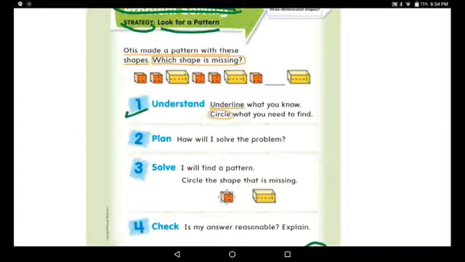Let's see. What did we know? We knew that the character is called Otis. Otis made a pattern. Pattern means he is using the same order of shapes. Look at the shapes: cube, cube, rectangular prism. Then again he started with the cube and ended with the rectangular prism. He repeated cube, cube, then the last one was rectangular prism.